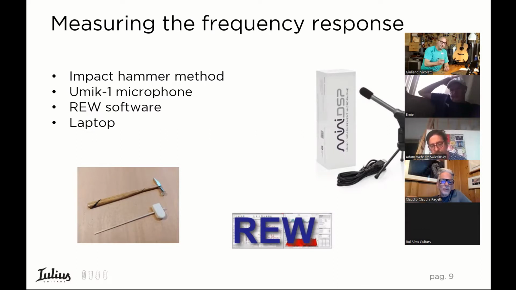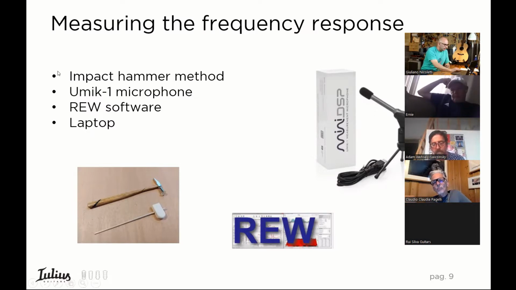And of course, the type of hammer that you will use has an impact on the bandwidth of the impulse that you supply to the soundboard. And all of these details are treated in the article published. So here we will go quickly about this because it is mainly technical, and I suggest you download the article and spend some time, because everything is really discussed in detail in the article.